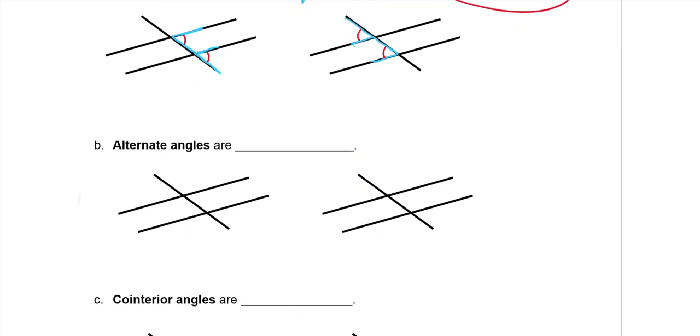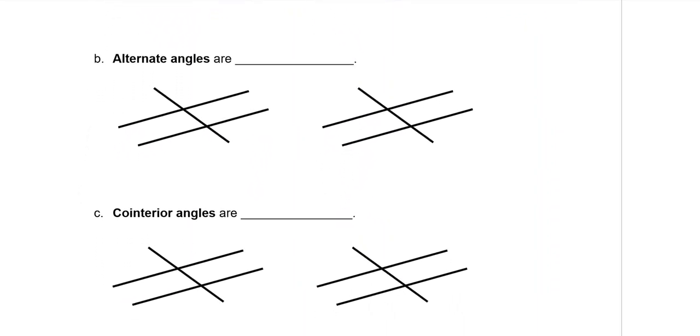Okay, let's move on to the second type of angle. These ones are called alternate angles, and they are also always equal. These ones make what we call a Z shape. That's how you find them. So if I were to make a Z across my transversal like that, see the Z shape?